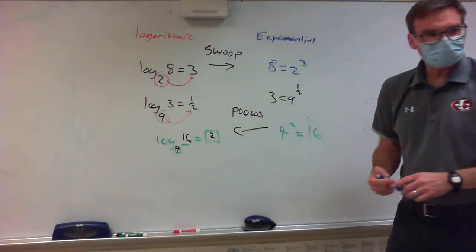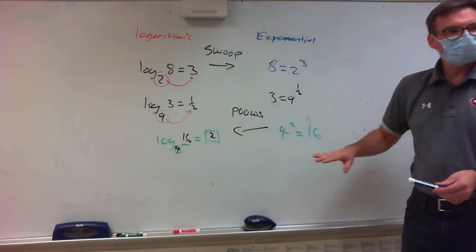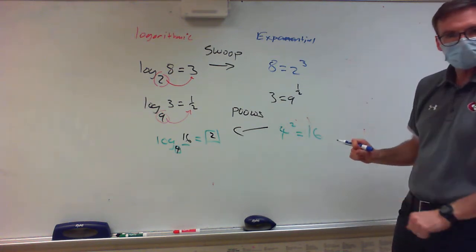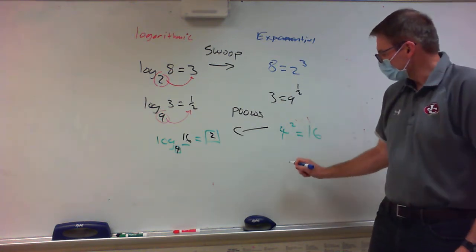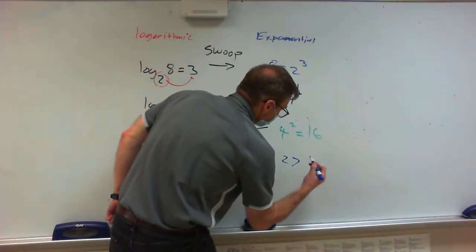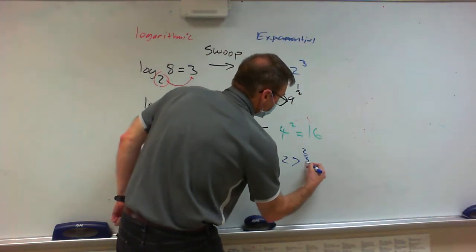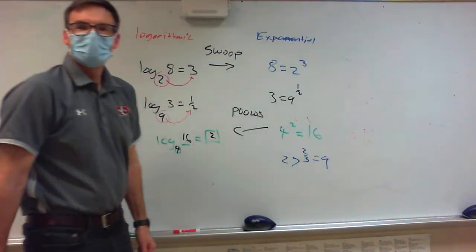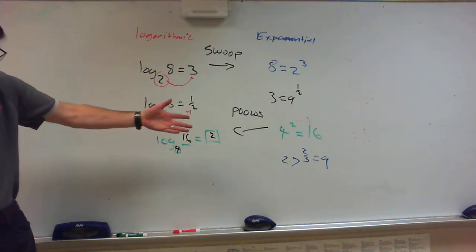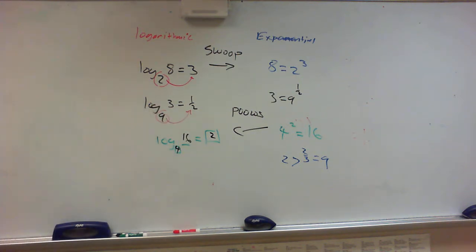All right, so your turn, right? If I give you the exponential one, I want you to put it in logarithmic. So if I give you the exponential of 27 to the 2/3 is equal to 9, given that exponential expression, write the logarithmic version.